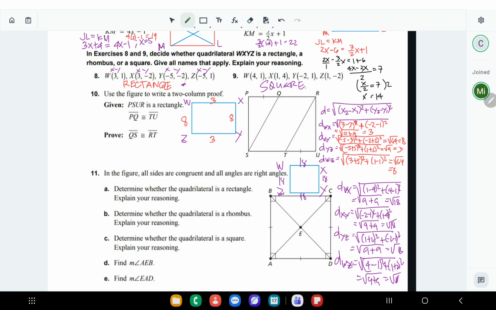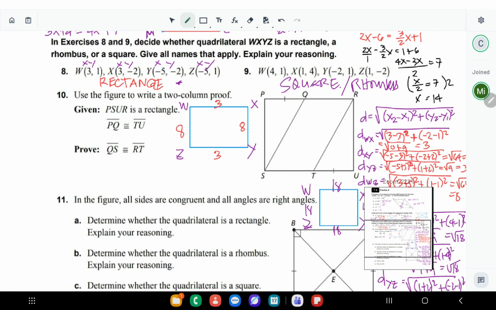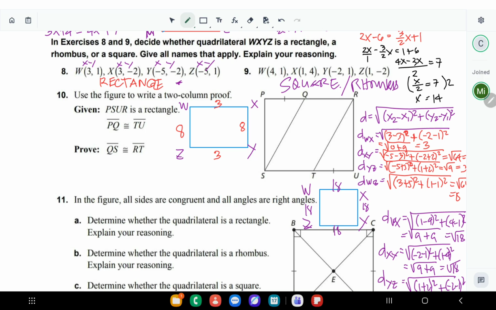You could calculate the diagonals, or maybe we don't need to, because there's no instruction here. So just answer square or maybe a rhombus, because you calculated the sides and they're all equal.